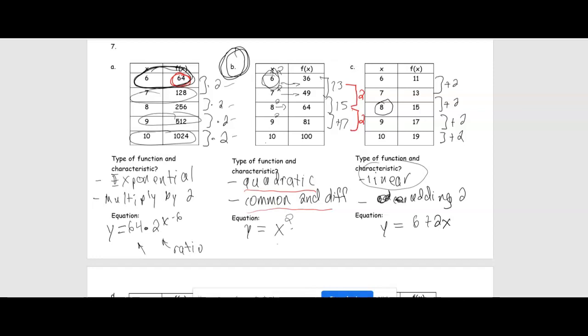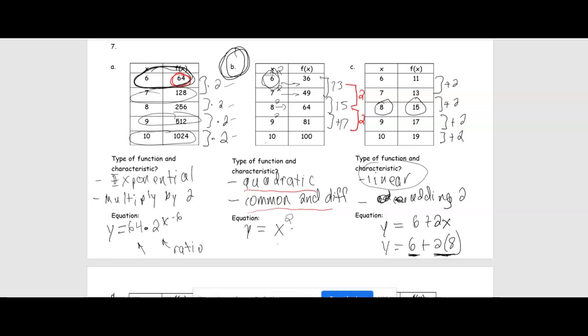If I plug in an 8, this equation better spit out a 15 right now. So if this was right, we would do 6 plus 2 and then plug in an 8. 2 times 8 would give you 16. 16 plus 6, will that give us our 15? No, okay, and that's good, all right?